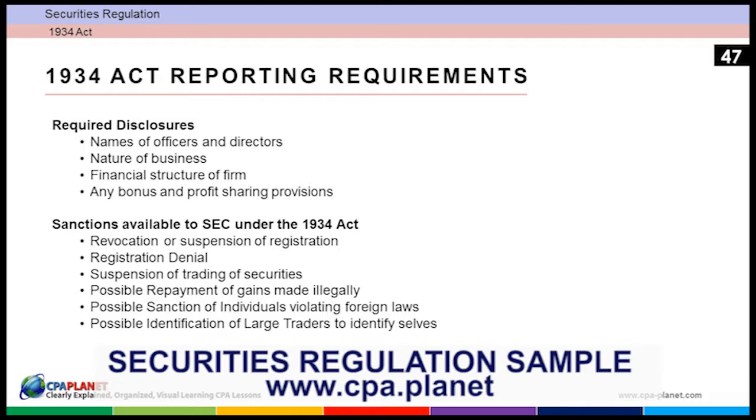Sanctions available to the SEC under the 1934 Act include the revocation or suspension of registration, registration denial, suspension of trading of securities, possible repayment of gains made illegally, possible sanction of individuals violating foreign laws, and possible requirement for large traders to identify themselves. It's always done on a case-by-case basis, but just so you know, there are backlashes if anybody fails to report to the SEC when they're required to.